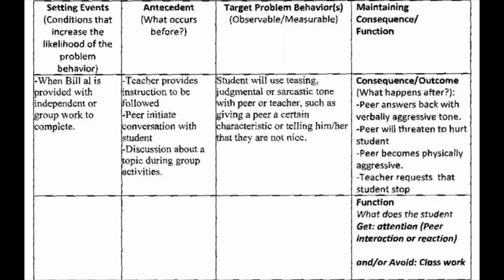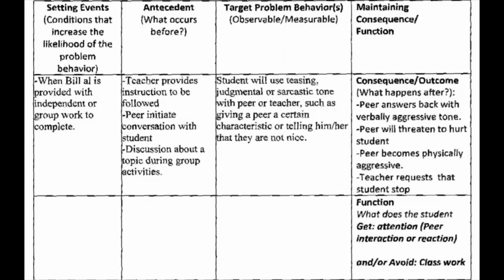And some peers would become aggressive with Bill because of his comments, and the teacher would request that he stops. Usually, also, he's asked to go to the guidance counselor, and that was not written here. It was missed.